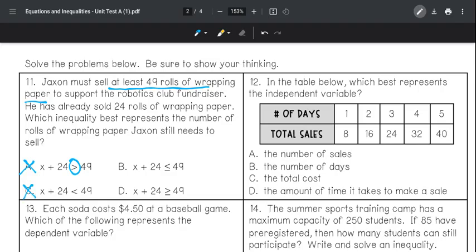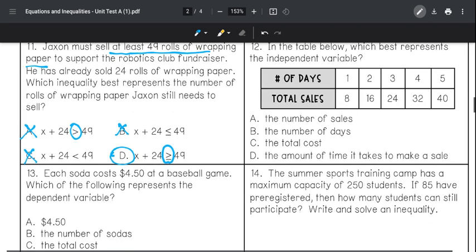B, it says it can equal 49, which is true, but then it says or less than. So B is out, which means D is the only good option because it can equal 49 or be bigger. We have to sell at least 49, so 49 or more. D is the correct answer.